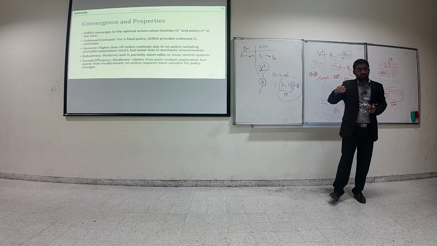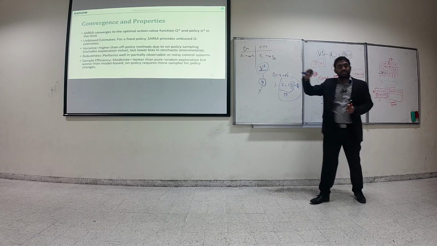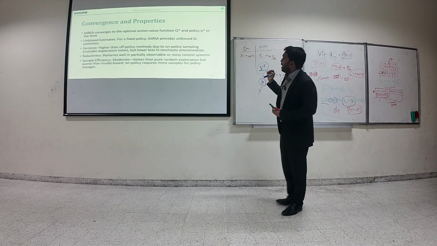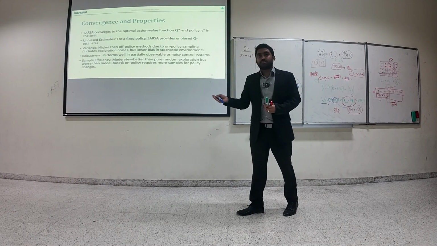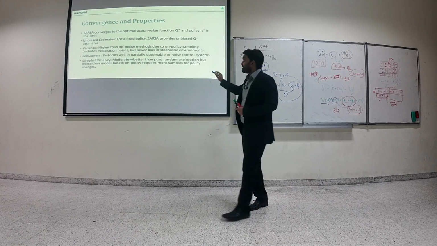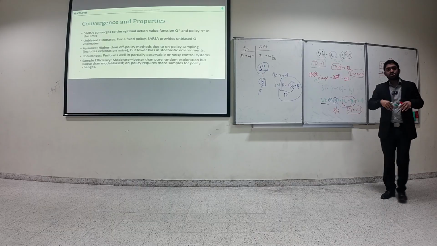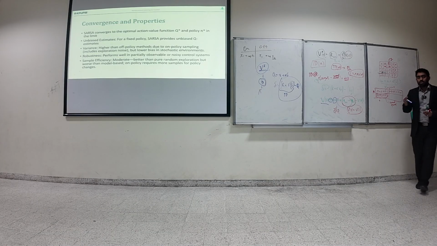And robustness, yes, even in partially observable conditions, it will work better. That we'll talk about later. Sample efficiency, like I said, is not as good as off policy, because in off policy you can reuse the samples that you have, even from other policies, to update your policy, right?